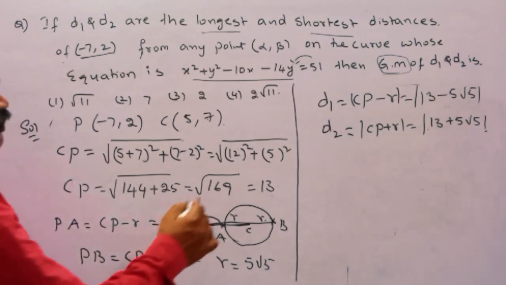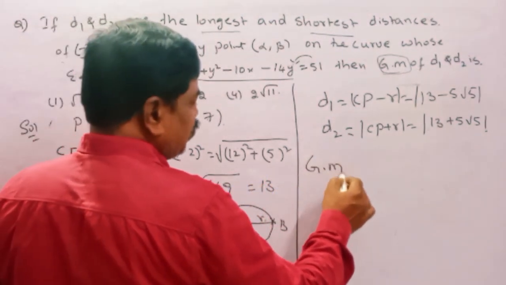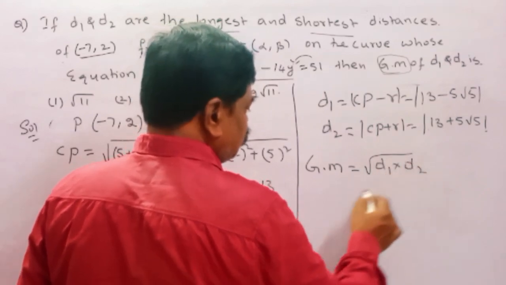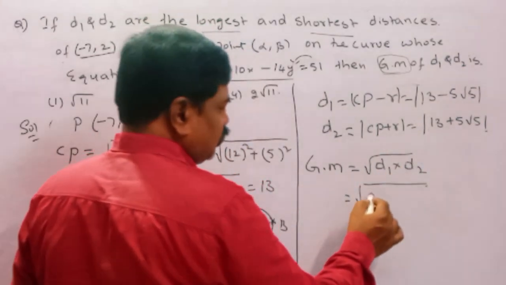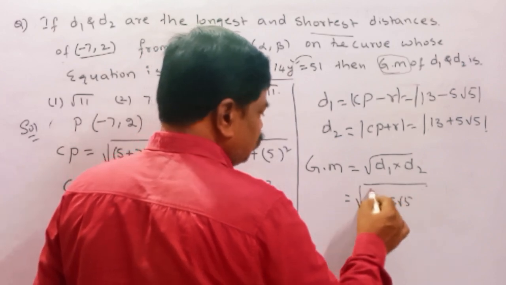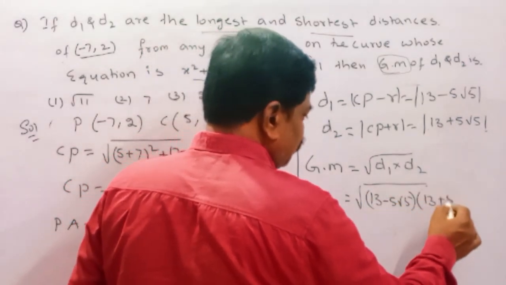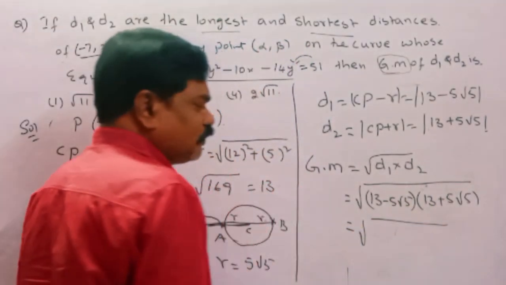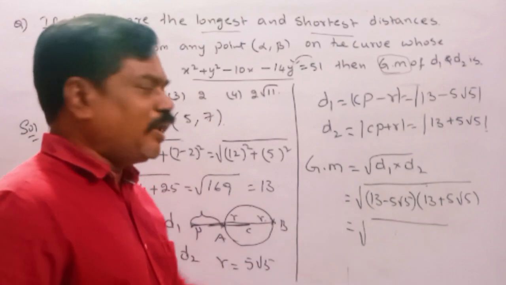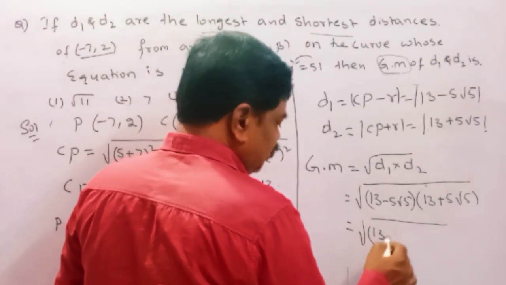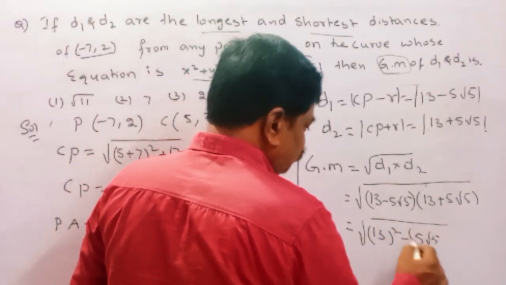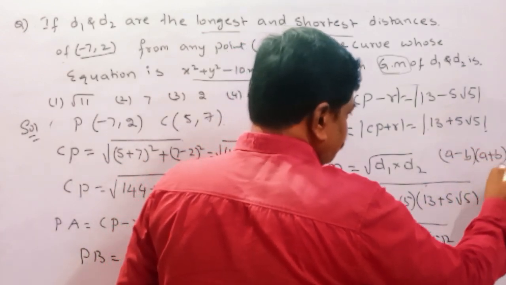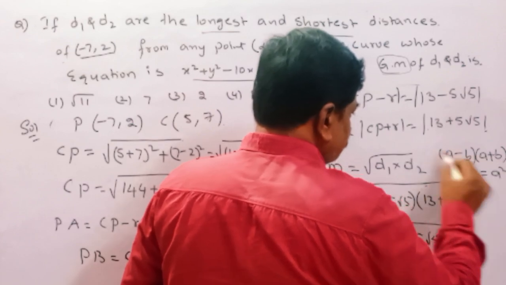So we want the GM, the geometric mean, root over D1 into D2, which is equal to root over (13 minus 5 root 5) into (13 plus 5 root 5). This is in the form of (a minus b) into (a plus b), that is 13 square minus (5 root 5) whole square, because (a minus b) into (a plus b) is equal to a square minus b square.